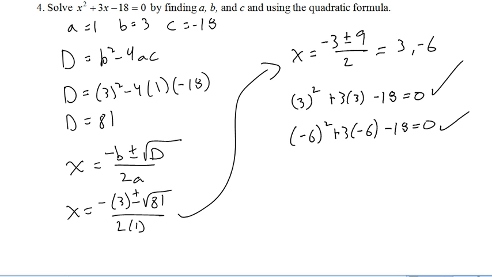And that guy's also true. Okay, so notice basically we've done all of the steps, rearranged it into this new form, and now we can just take a, b, and c, fire it into these two equations, and it spits our answer out.